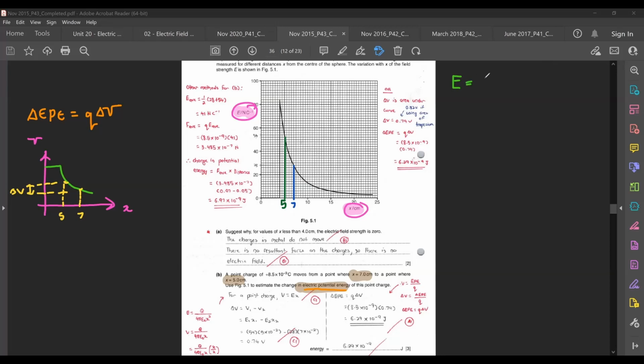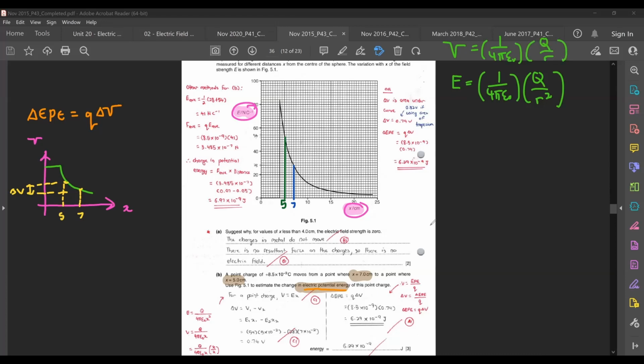Now for electric field strength, you would have remembered that it is 1 over 4 pi epsilon naught Q over R squared. And you also know that potential is 1 over 4 pi epsilon naught Q over R, right?